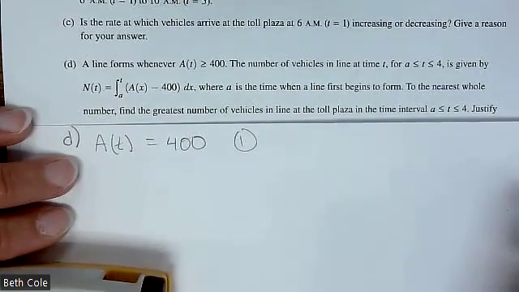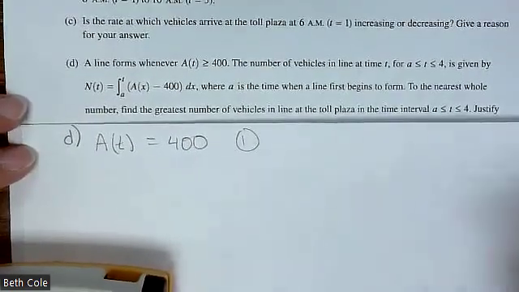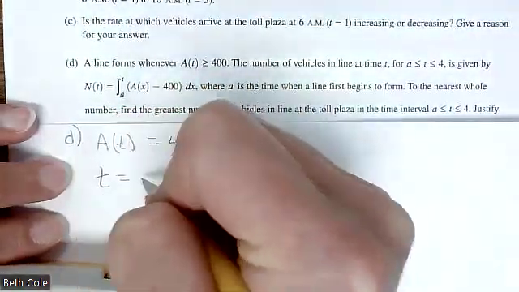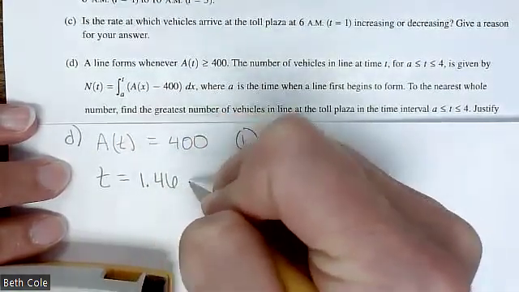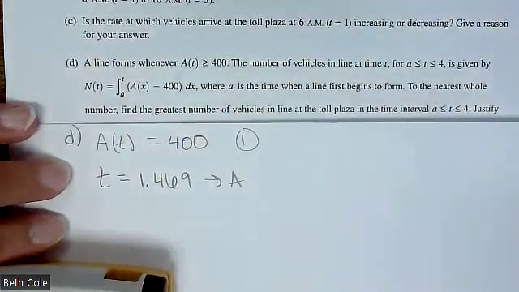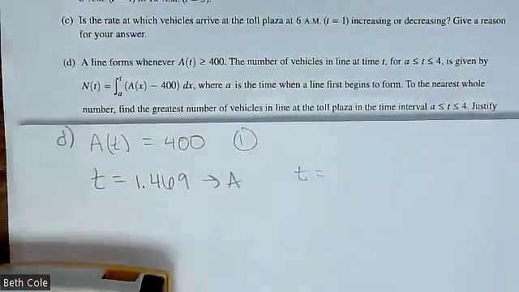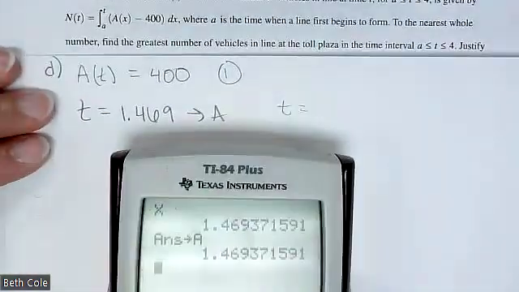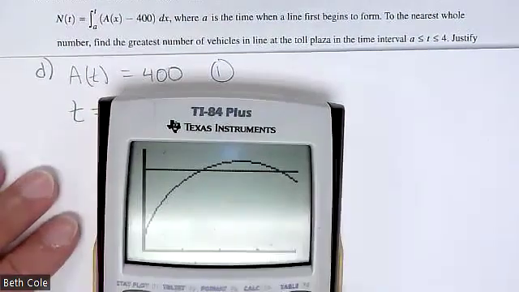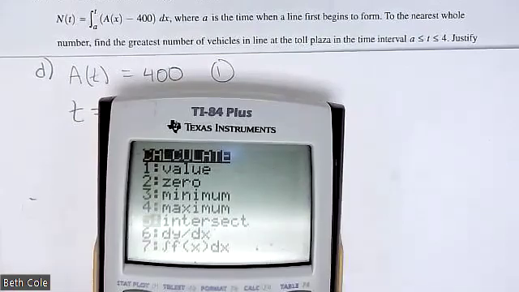Always write something. Even if you just let your instincts kick in and guess. All right. And so what's the first time we got? 1.469, and then write arrow A. And then you're going to go back to your calculator and we're going to do the exact same process and get the other one. So go back to your graph. You're going to calculate intersect.